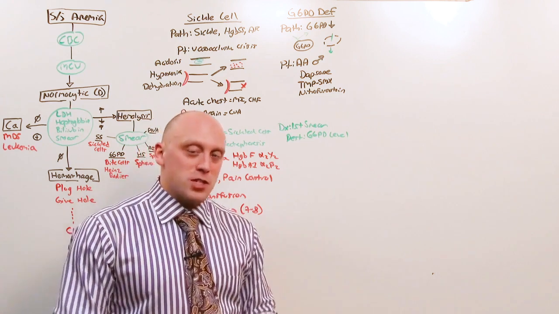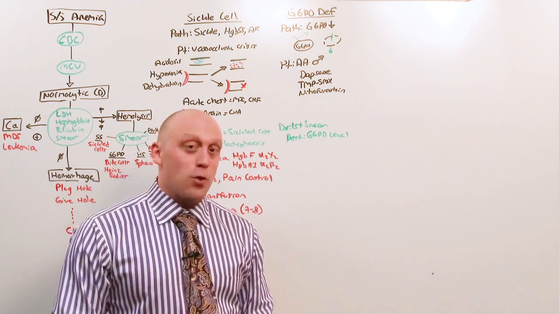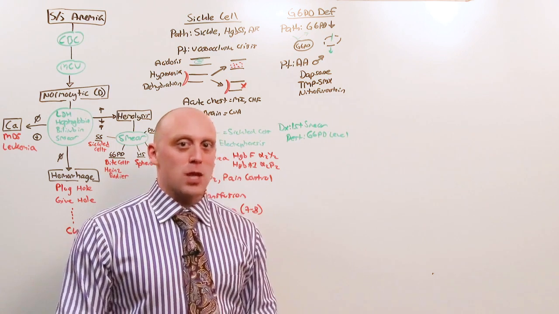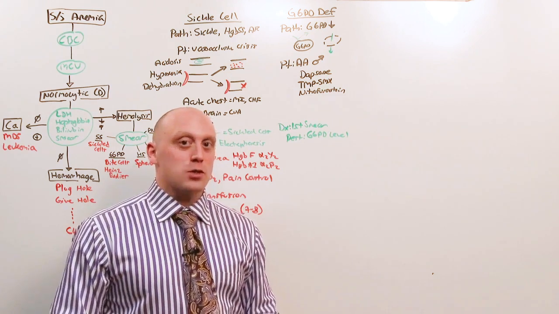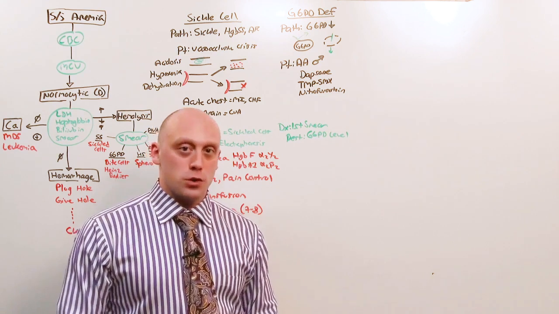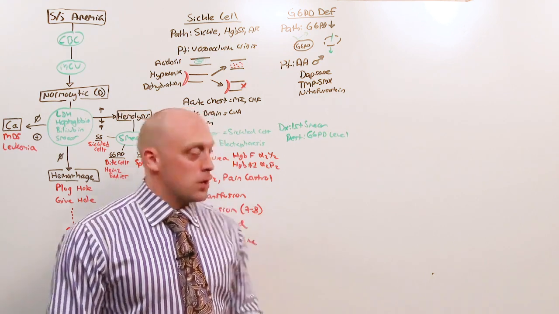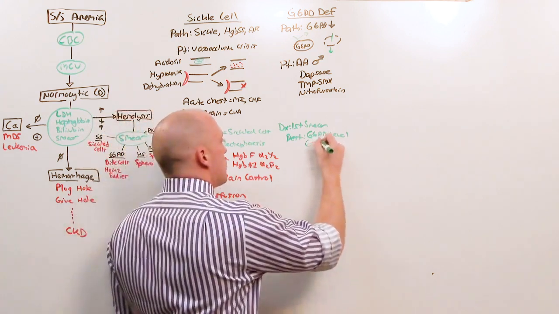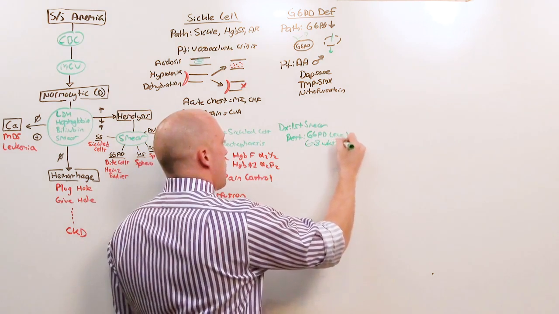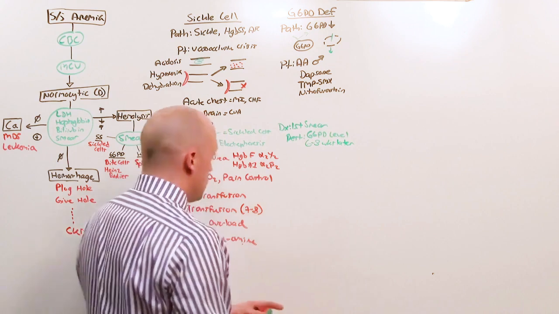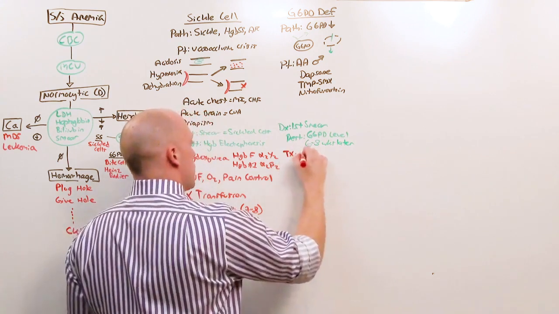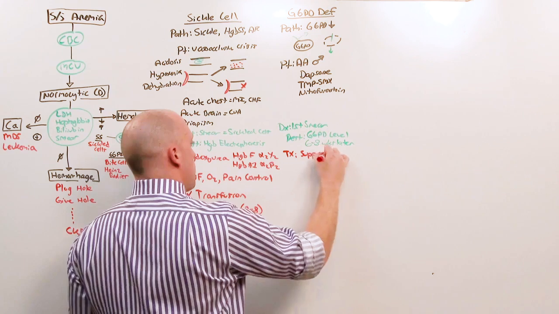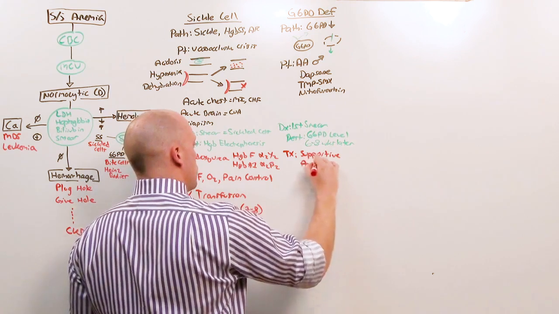So if you check G6PD levels right now, the only cells that died were the ones that were wholly deficient. So G6PD levels are artificially normal during an attack. You want to check a G6PD level 6 to 8 weeks after the attack. Treatment is generally supportive during an attack, and you should avoid the stress.